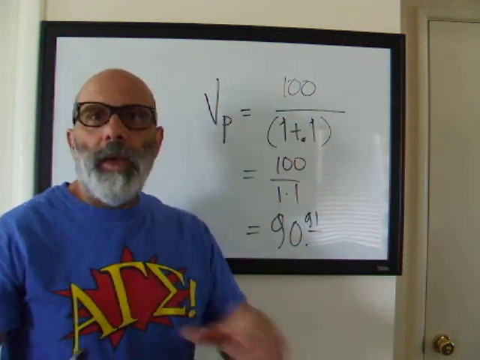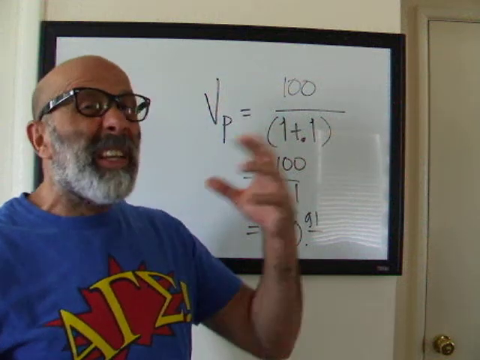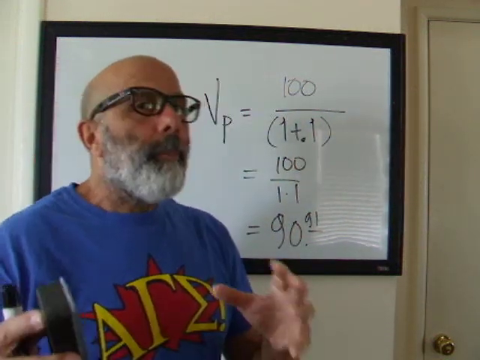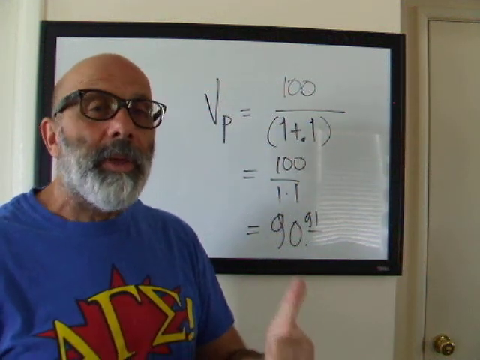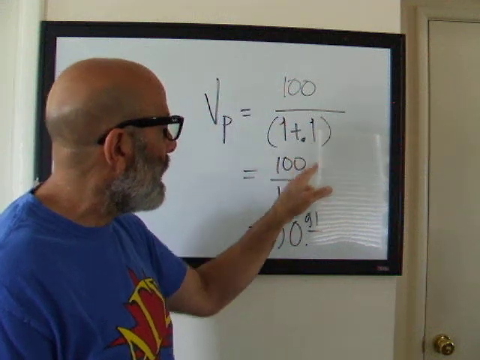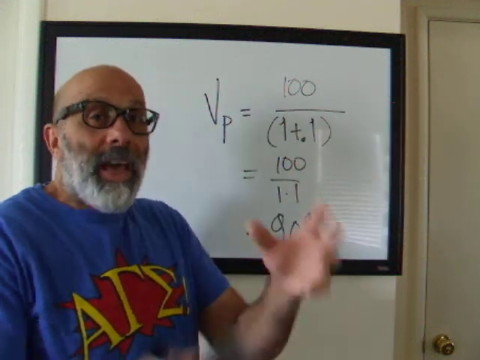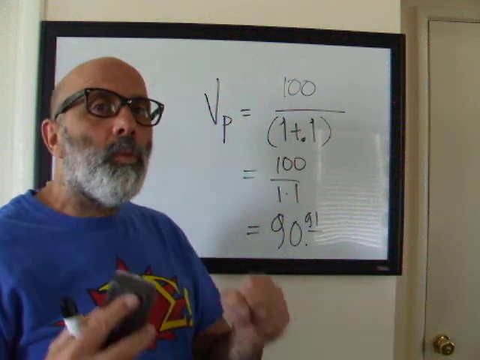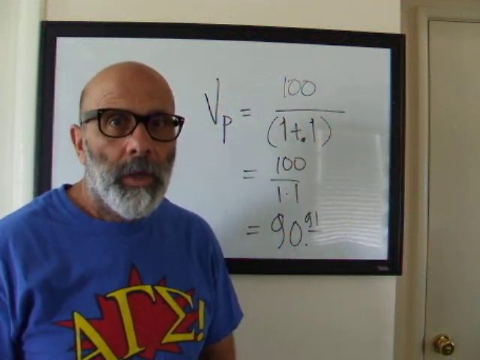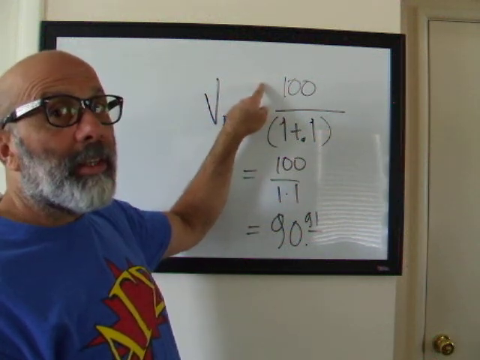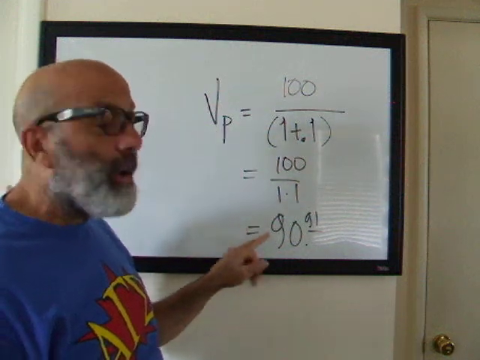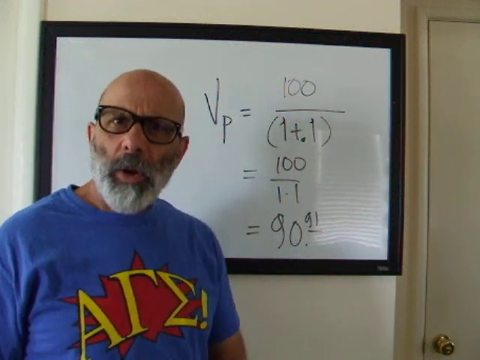Now listen, if everything goes great and we actually get the $100, we're going to physically get $100 a year from now. But because we had to wait a whole year, and because we had a carrying cost of the interest of 10%, that physical $100 is only worth about $91 to me today. So if everything goes right, we physically get the $100, but the present value of that $100 is only about $91. That's how present value works.